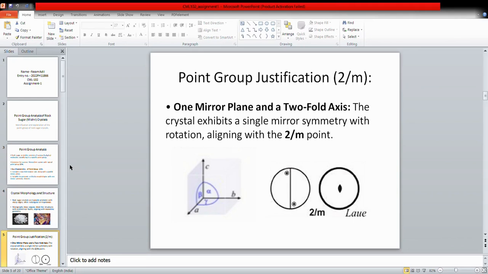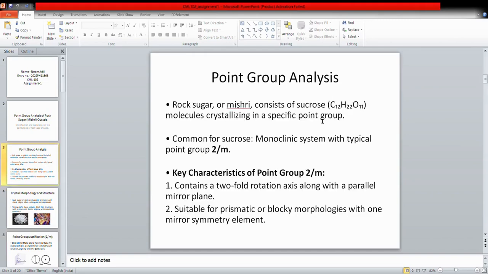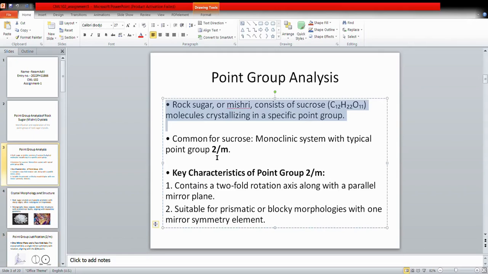Other point groups like 222, 2/mm, etc. are also possible given that all of these hold for the prismatic structure of rock sugar. The most appropriate point group I found was 2/m. Thank you.